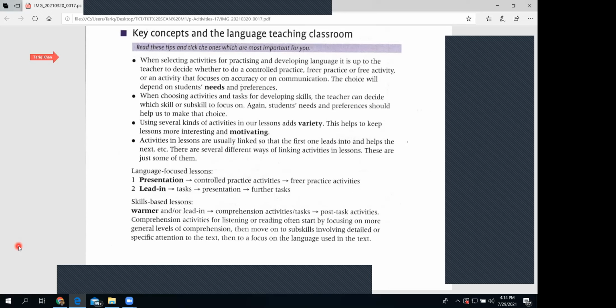Then after that you can give a task to them, and after giving a task you can do the presentation of language. How does that happen? First you give an example of the language, then you give some kind of task to do, and after that you come to the language, which is mostly the TBL method.